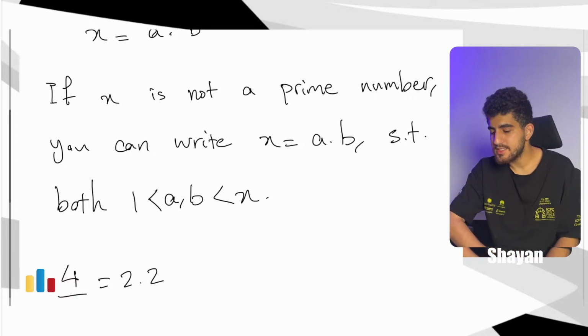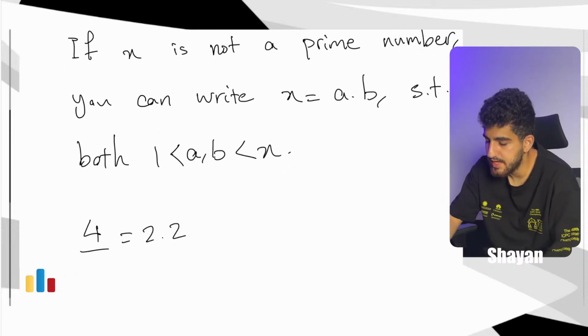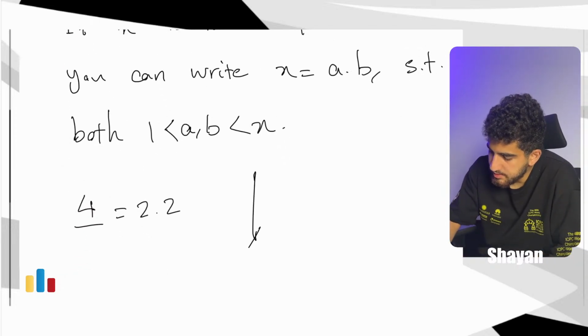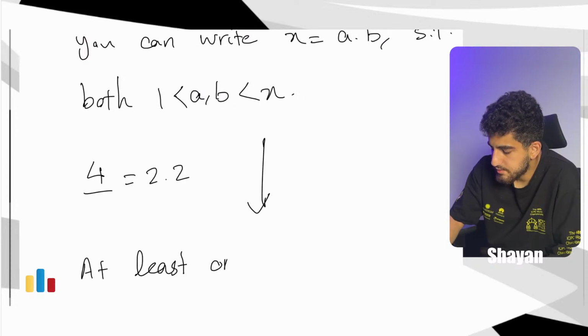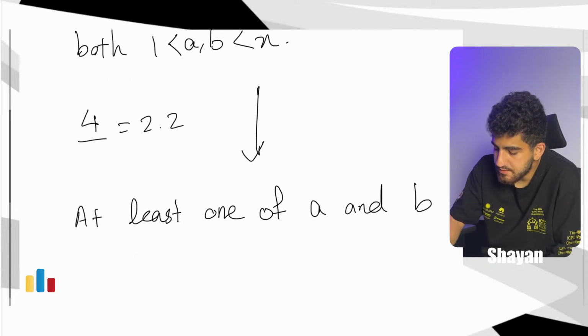So the point is that when you write x like this as a multiple of a and b, one thing you can say is that at least one of a and b is at most the square root of x.